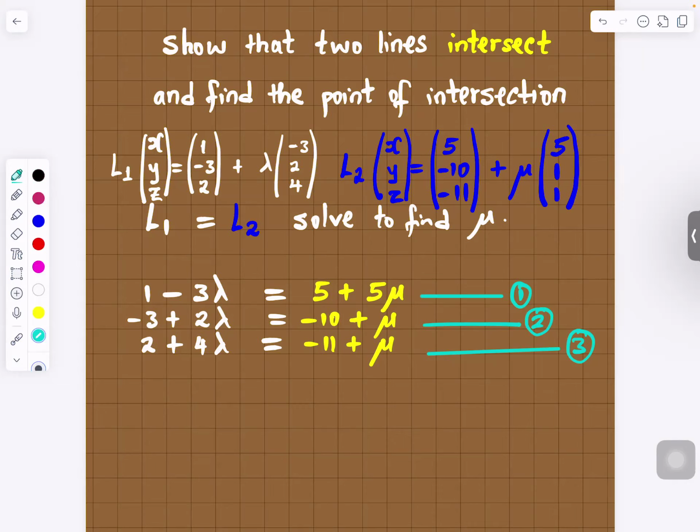So we can do equation 3 minus equation 2.